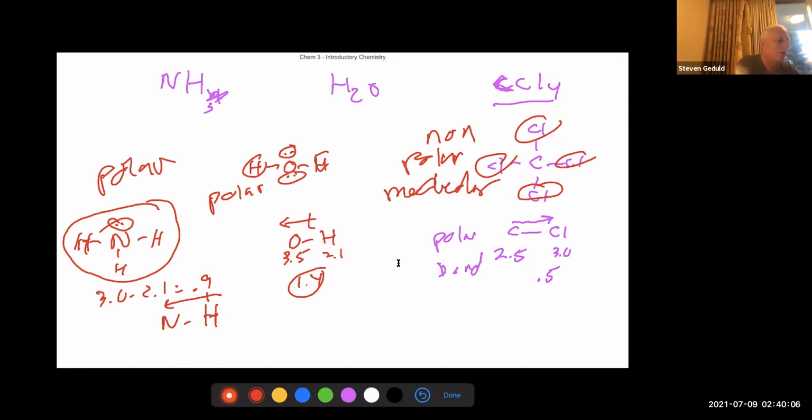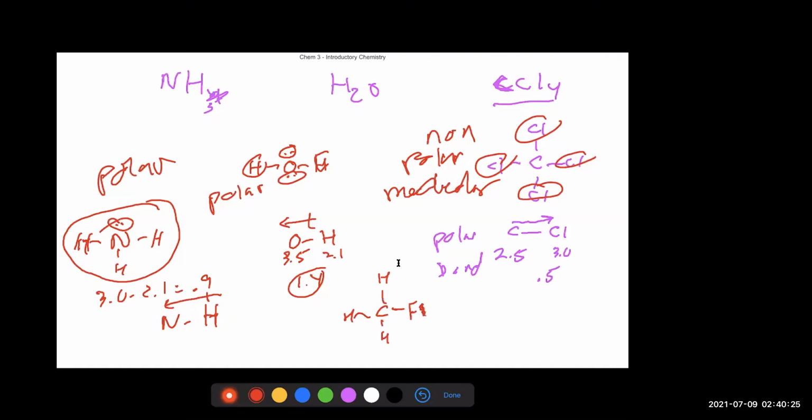Okay. Let's do carbon, hydrogen, hydrogen, hydrogen, fluorine. Right? Those are polar bonds. Is that a polar or non-polar molecule?